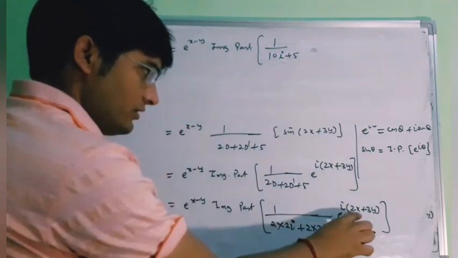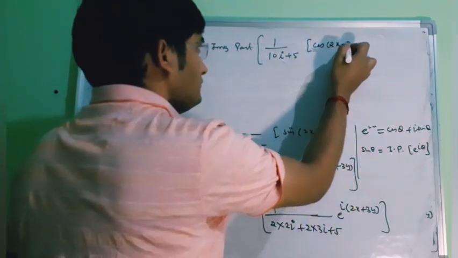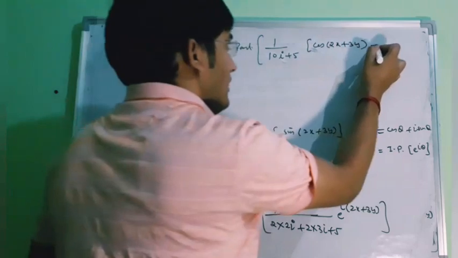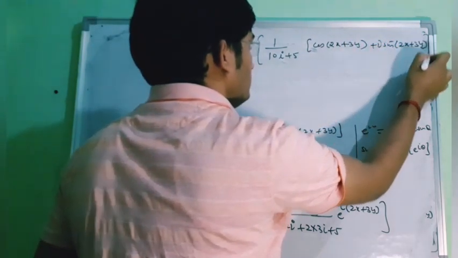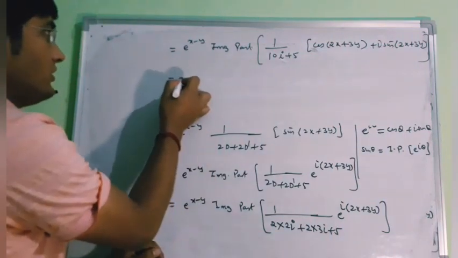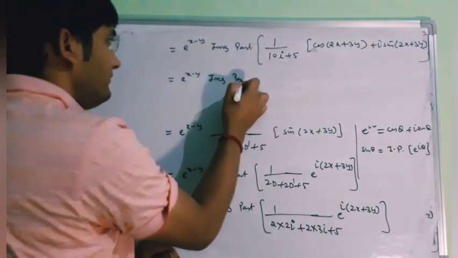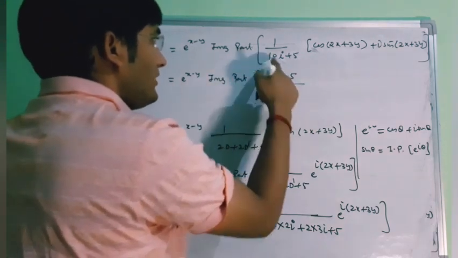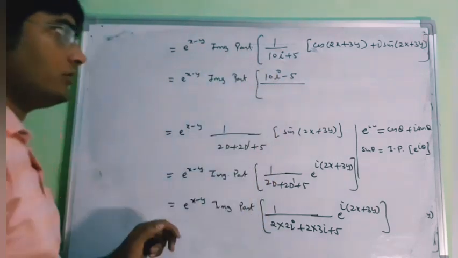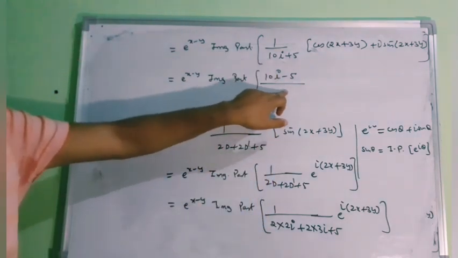Then we can write e to power i theta as cos theta plus i times sin theta. Now this is equal to the imaginary part. Let us take the conjugate of this one, which is your 10i minus 5, and then here in the denominator we will have (10i plus 5)(10i minus 5).